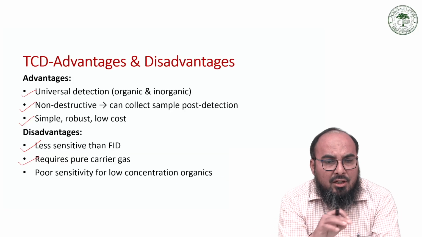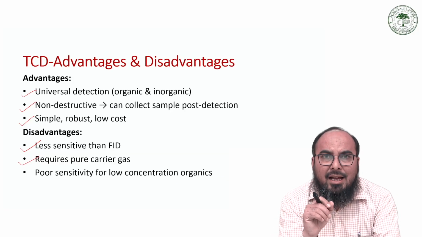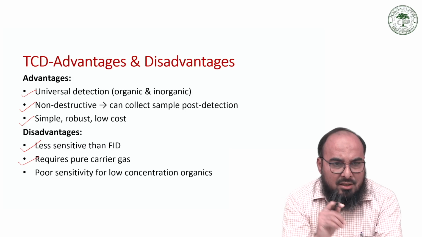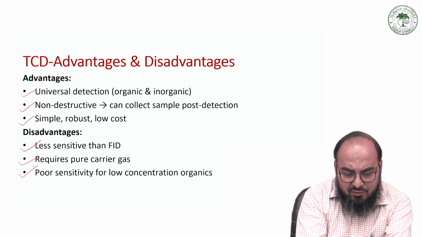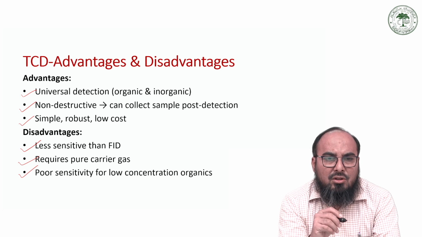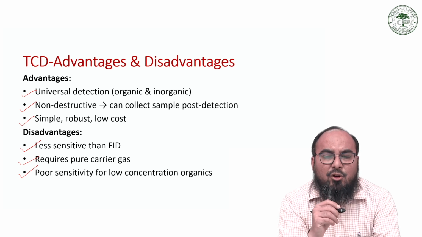So it requires pure carrier gas, otherwise in case of impurity your resolution will be compromised. It also has poor sensitivity for low concentration organics, so you have to use it only for high concentrations.